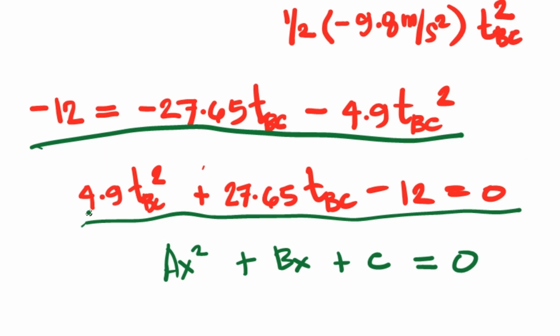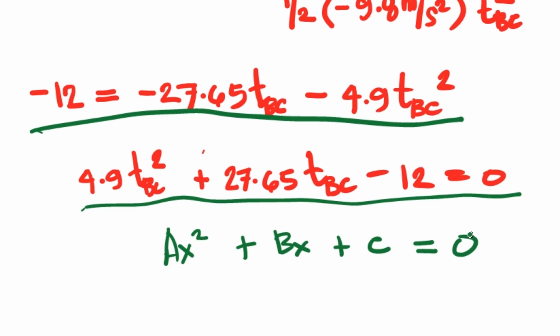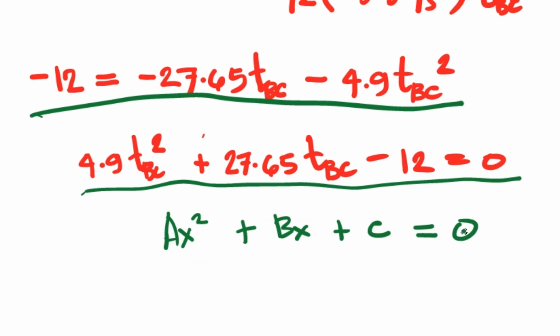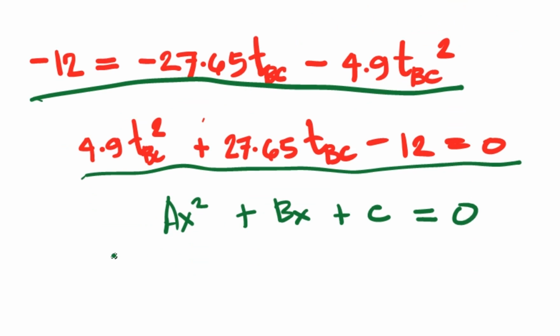Then you just have to input these numerical coefficients to A, B, and C. If you solve this using your calculator, you will have two roots, because a quadratic equation has two roots. So you'll have two answers. Entering this in equation mode, we have 4.9, then 27.65, and for C is negative 12. Now we'll get the values for time.